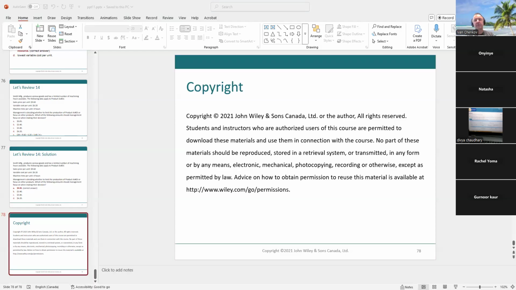Second question will be in the cost volume profit analysis. I want you to know how to calculate a break-even point in number of units and the total sales. So what do we need? You need the fixed cost. For the number of units, you need the contribution margin per unit.